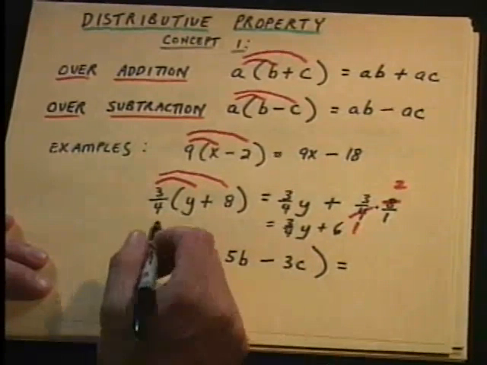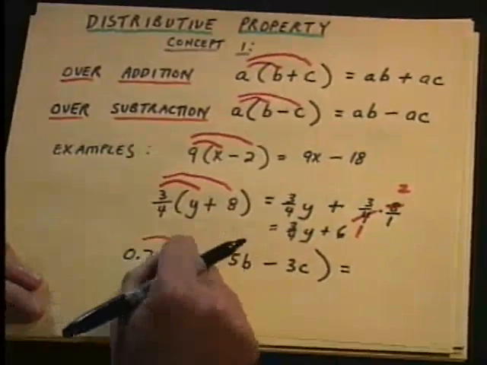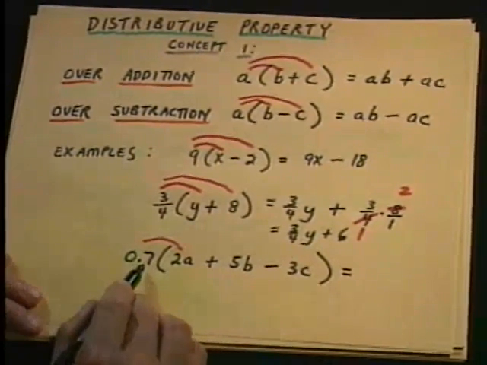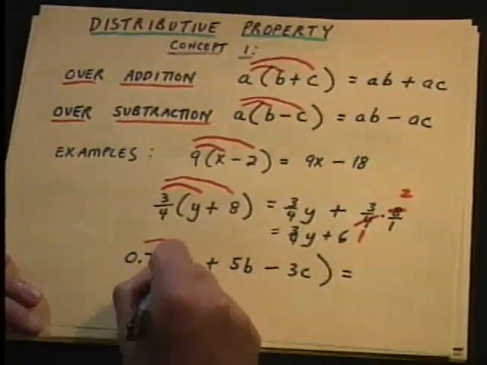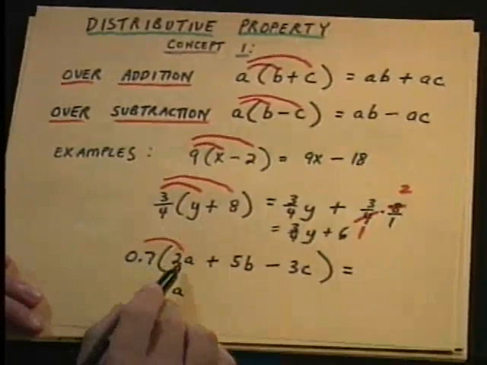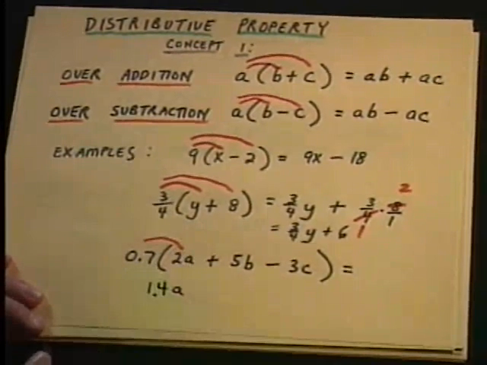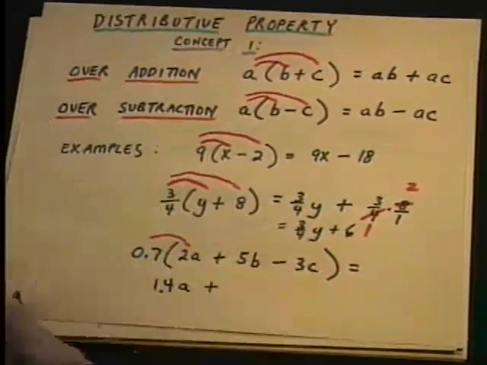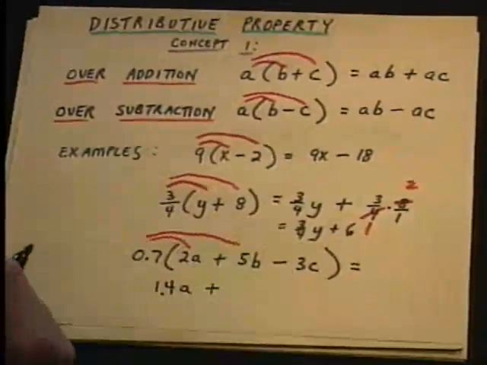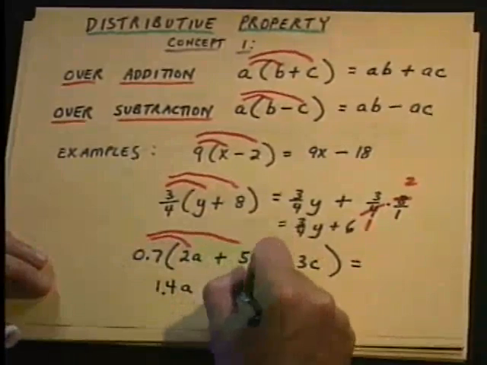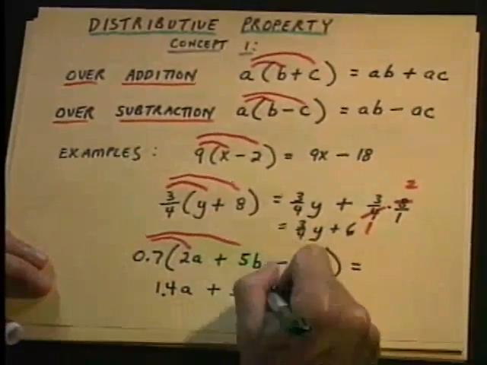And finally, distributing the decimal, which you can do all through this one here. We'll go ahead and take it one term at a time. 0.7 times 2a, again, just act like this is a whole number here. 7 times 2 is 14a, right? Where's the decimal go? Well, since that's 7/10, we want to move the decimal one place over, 1.4a. Plus 0.7 times 5b. 7 times 5 would give us 35, so this would be 3.5b.